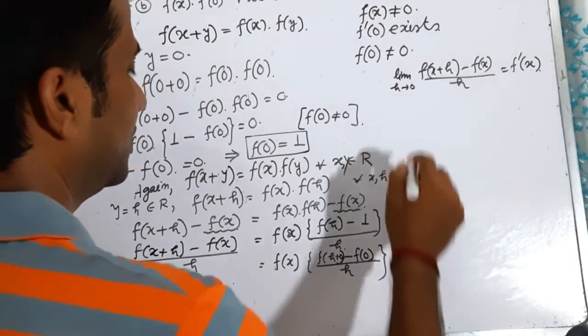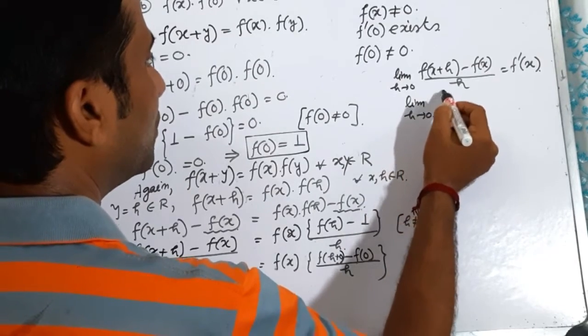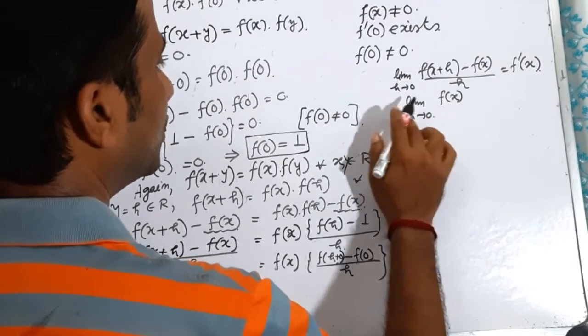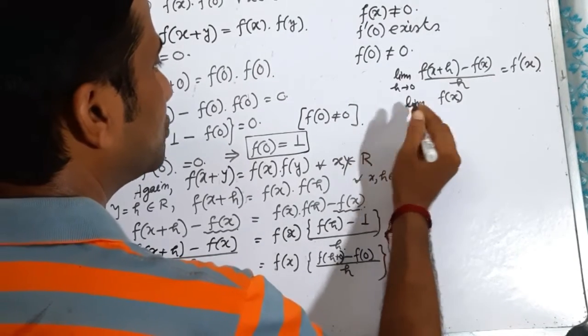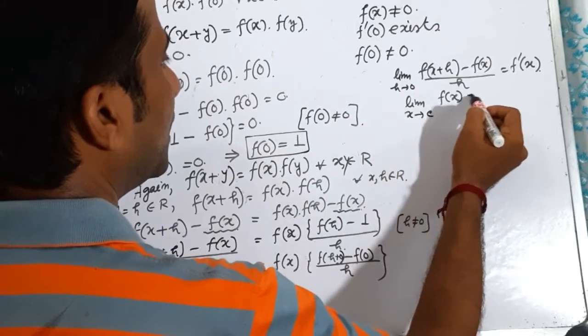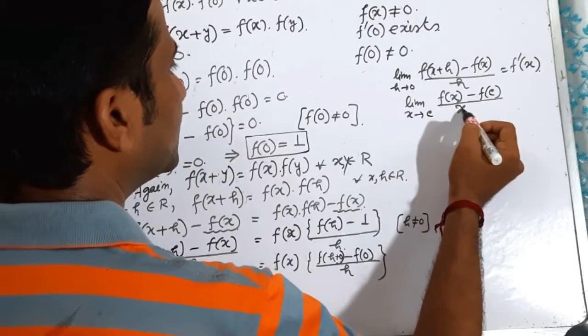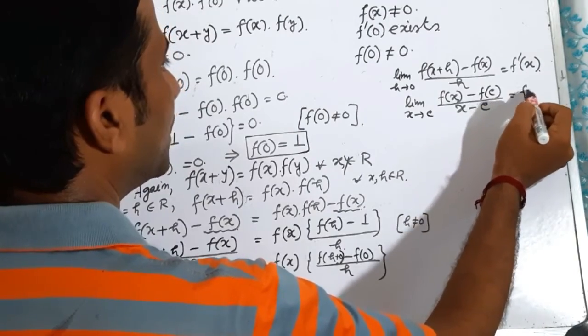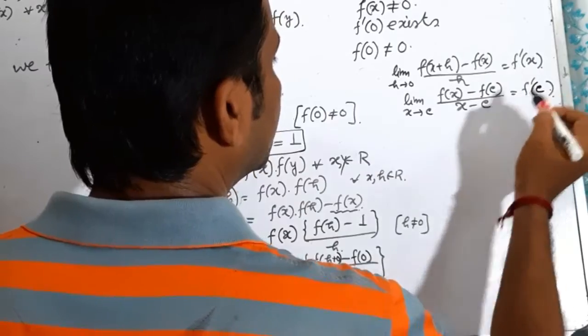And second, limit x tends to c of f(x) minus f(c) by x minus c is equal to f'(c).